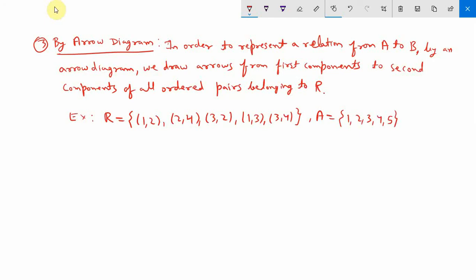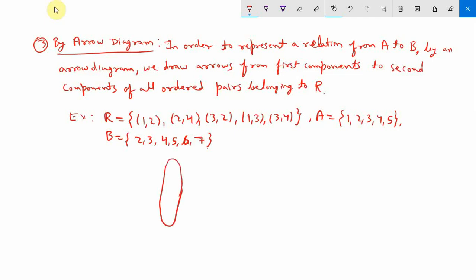So R is a relation from set A to set B, and set B is given as 2, 3, 4, 5, 6, and 7. So if we try to represent it by an arrow diagram, first we will draw set A.